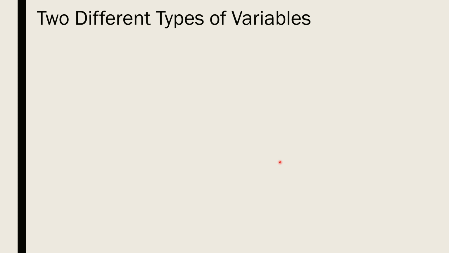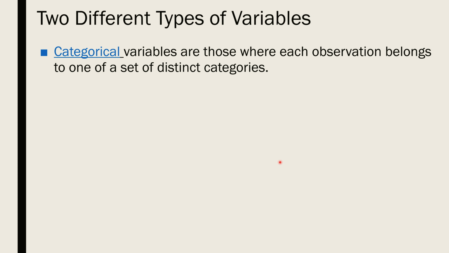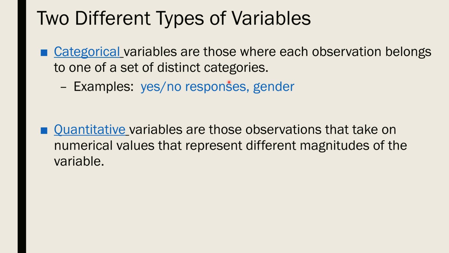There are two different types of variables. The first one is called a categorical variable. Categorical variables are those where each observation belongs to one of a set of distinct categories. Examples are yes and no responses and gender. The second type is the quantitative variable.